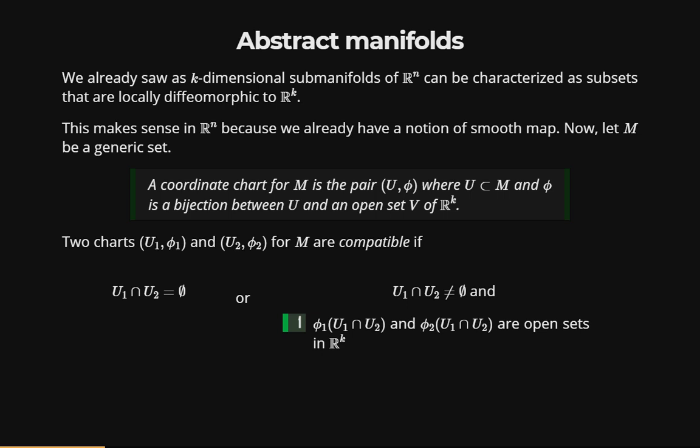Now, this intersection must go through both the functions to open sets in Rk. So this will be an open set in V1, and this will be an open set in V2. And this weird condition. So now, what does that mean?